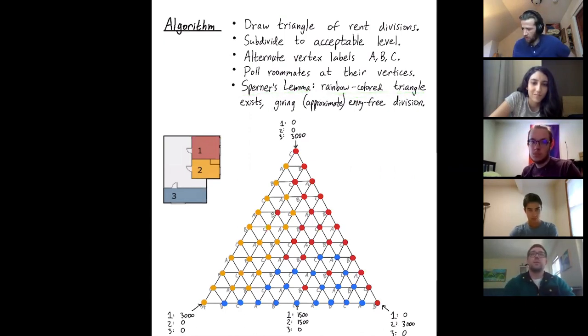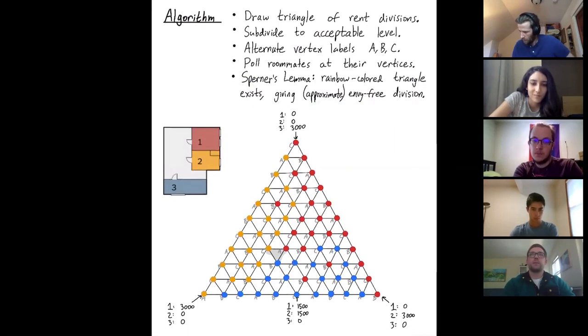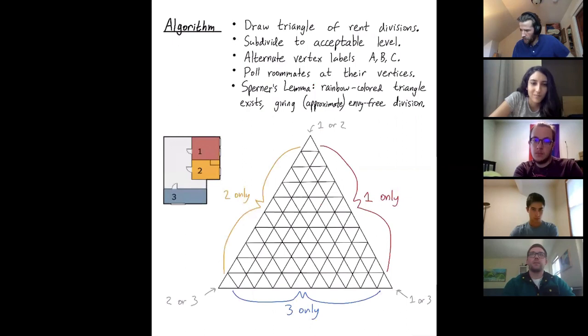And Sperner's lemma implies that there's a small rainbow colored triangle, hence an envy-free division, where at that price point, no roommate wants to swap rooms and prices with any of their neighbors. So let's get into Sperner's lemma.